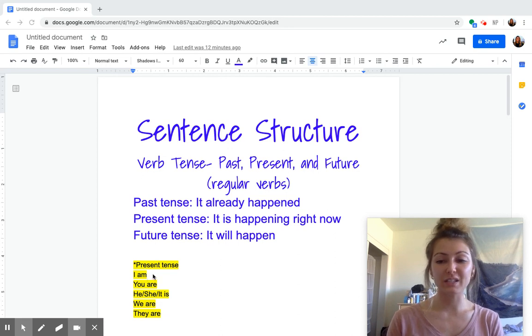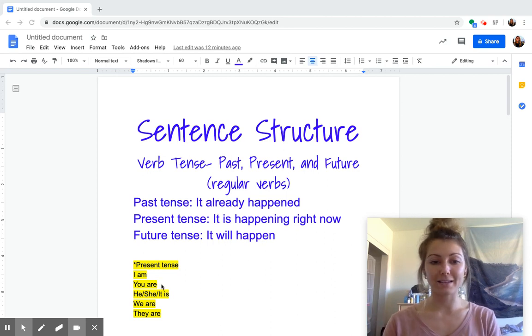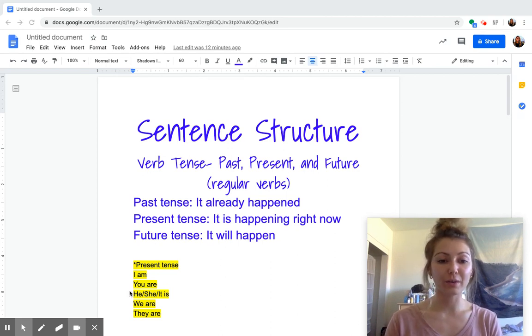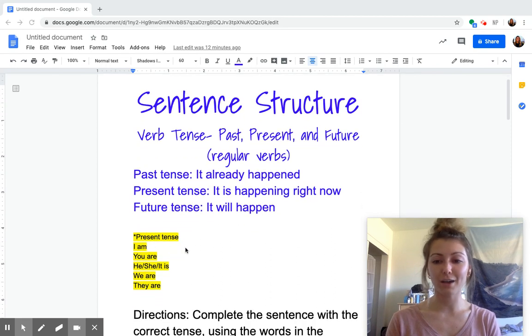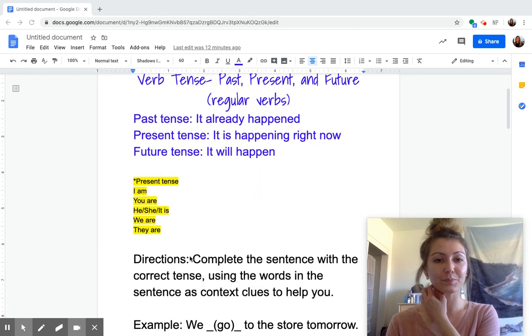So we would say, if it's baking, I am baking. You are baking. He, she is baking. We are baking. They are baking. So here we have the different ways that we write the verb be to help us with our present tense sentences. So you can use this to help you out if you need it in our lesson.